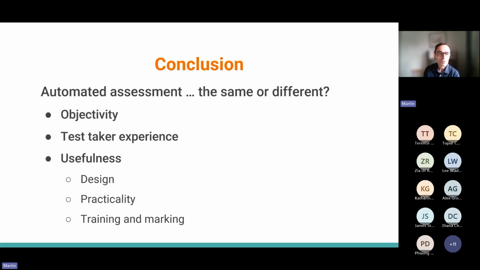The first thing is about objectivity. An automated test is a machine. It has no biases. Humans try very hard to limit the effect of our biases, but we can't eliminate them completely.